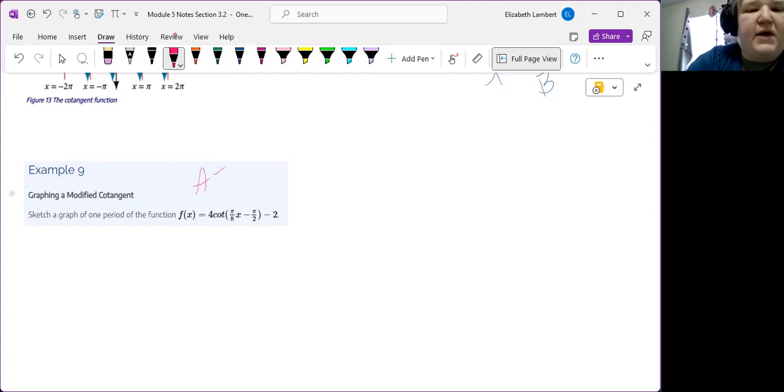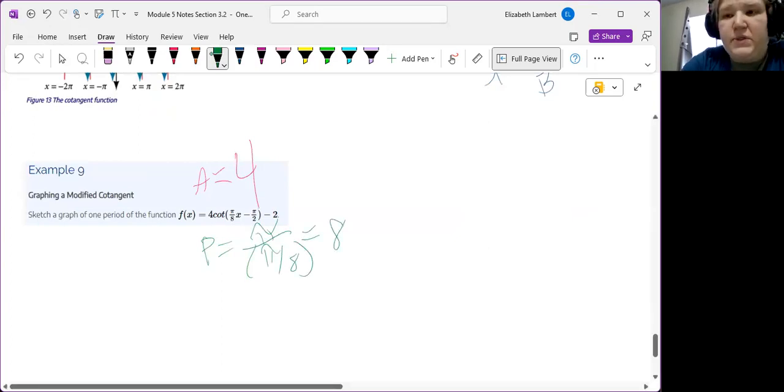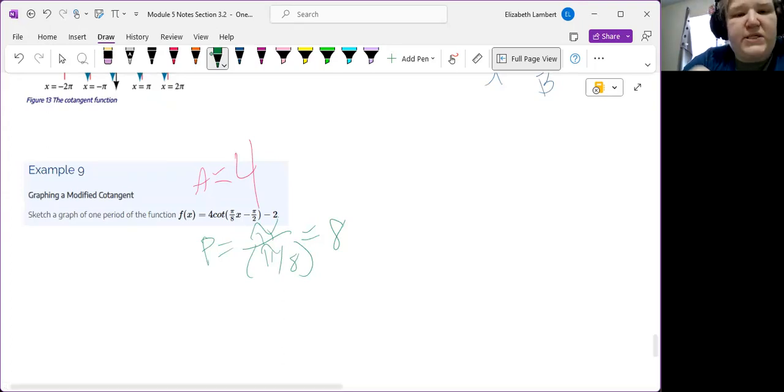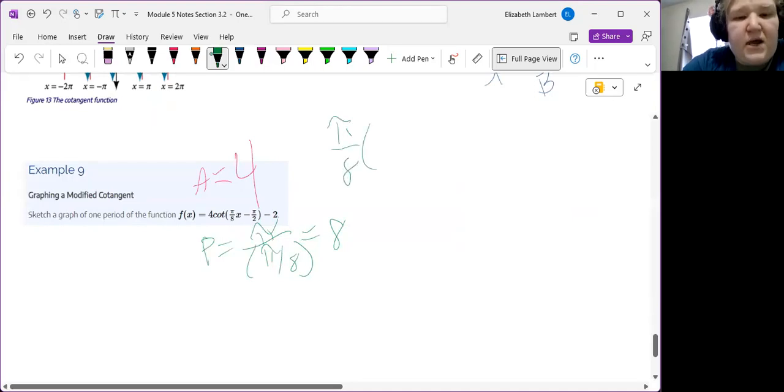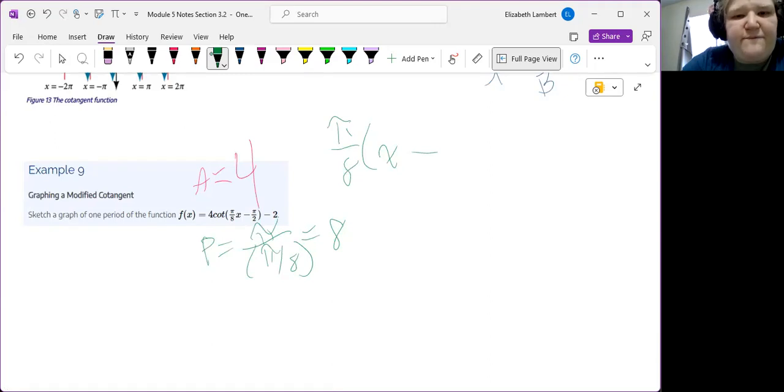All right, so our A value is 4. Our period is going to be pi divided by pi over 8, so our period is 8 units wide. And then a horizontal shift, the inside of that would be pi over 8 times x minus, if I multiplied by 4, I would get back to pi over 2.